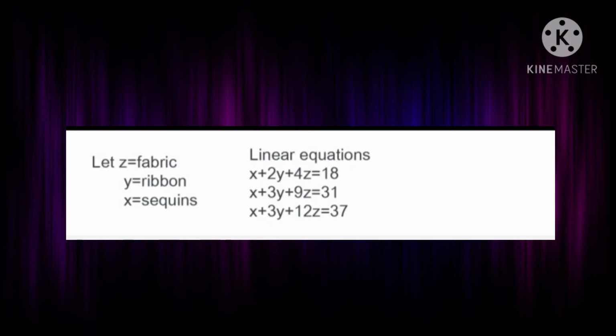By doing this, we will obtain three linear equations, which are x plus 2y plus 4z equals 18, x plus 3y plus 9z equals 31, and x plus 3y plus 12z equals 37.